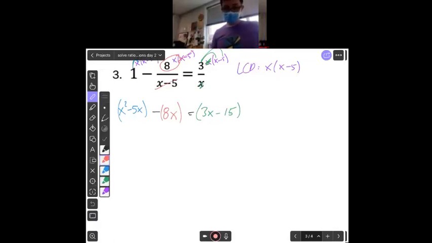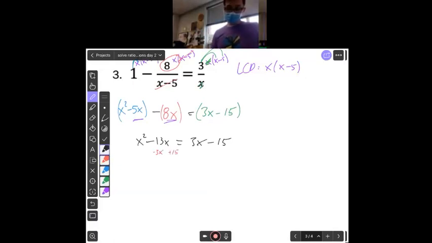Let's combine those like terms over here on this left side. Negative 5x minus 8x. So x squared minus 13x equals 3x minus 15. You should recognize this from yesterday, right? And from before. We've got a square, we've got x's. We're going to do some factoring here. Let's push everything to one side so we can factor. So I'm going to move everything towards that x squared.